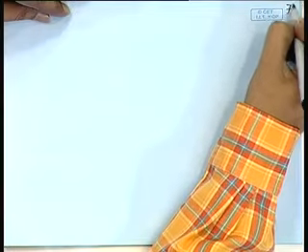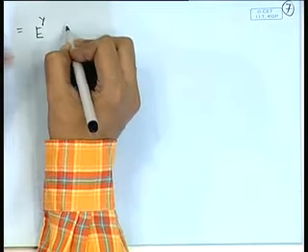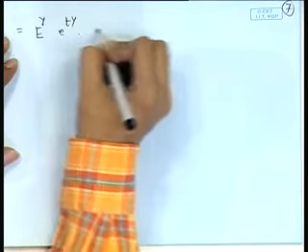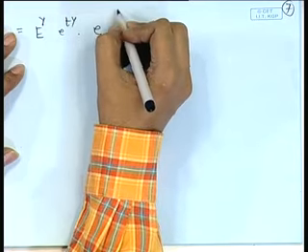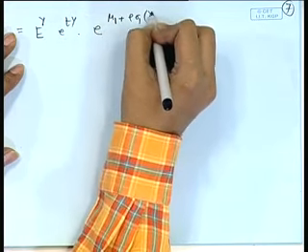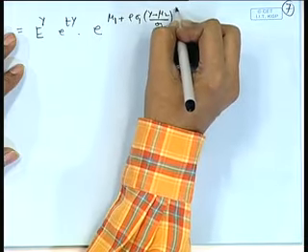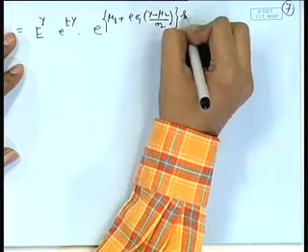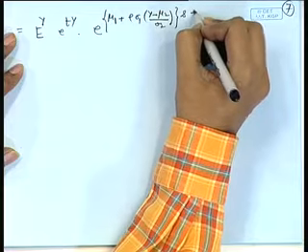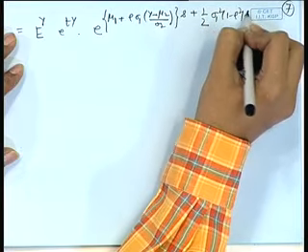So, this can be expressed as expectation of e to the power t y times e to the power (mu 1 plus rho sigma 1 (y minus mu 2) by sigma 2) into s plus half sigma 1 square (1 minus rho square) s square.